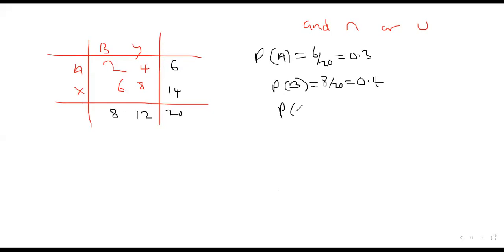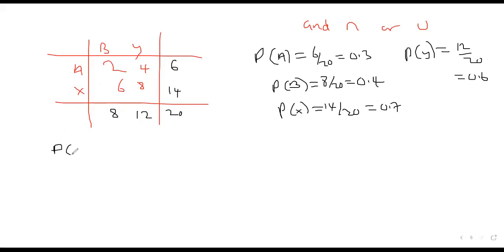Probability of X, 14 out of 20, 0.7. Probability of Y, 12 out of 20, 0.6. We're simply getting the totals here.